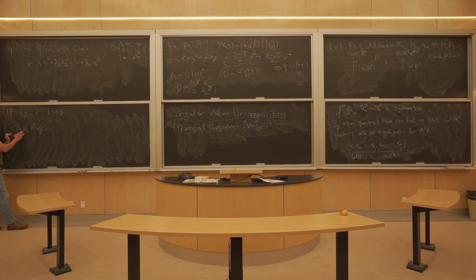Now note, this is the same thing. Let me do this again. A vi transpose times A vj is vi transpose times A transpose A vj.